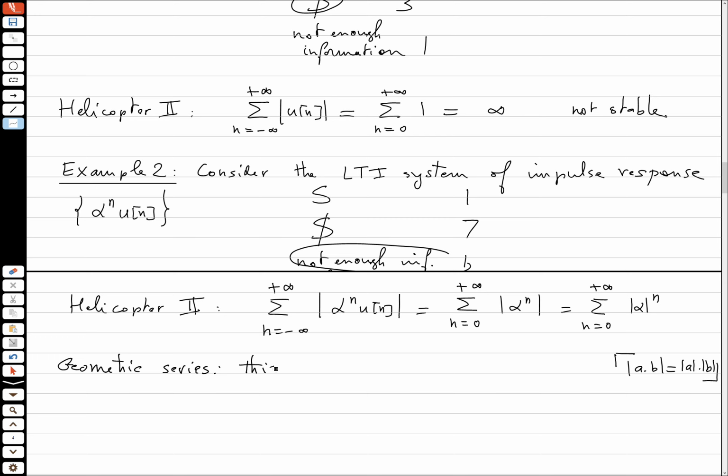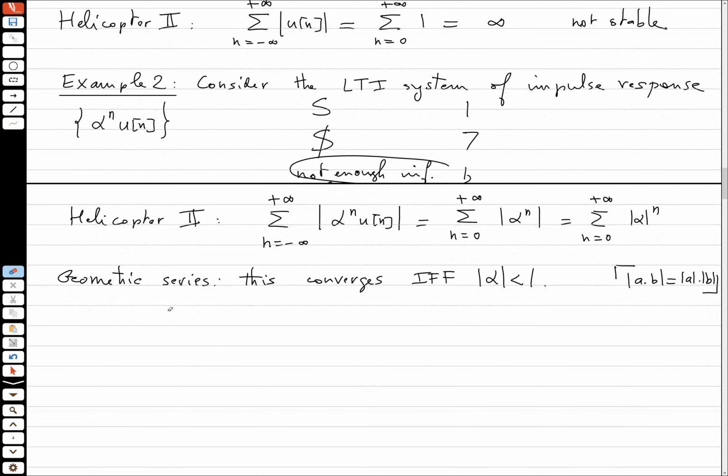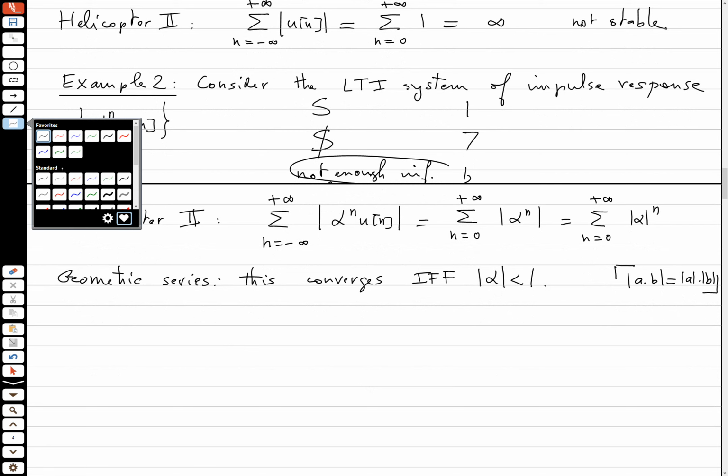This converges if and only if the absolute value of alpha is less than 1. Okay, you're supposed to know that. It's the geometric series. You are supposed to know that from calculus. Here I'm going to write a mistake.